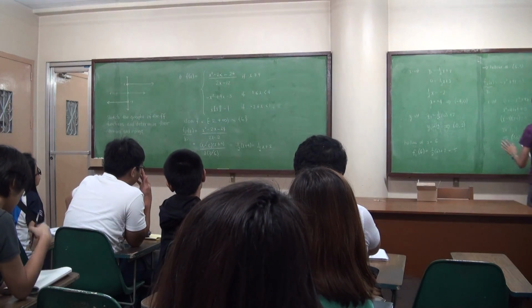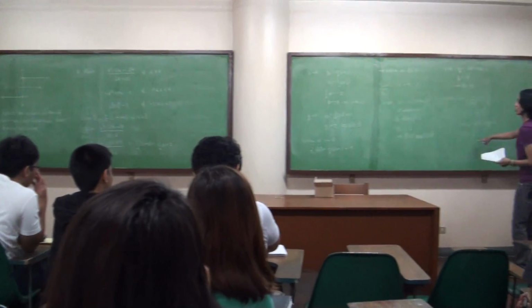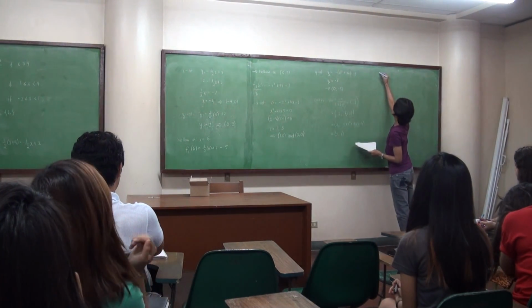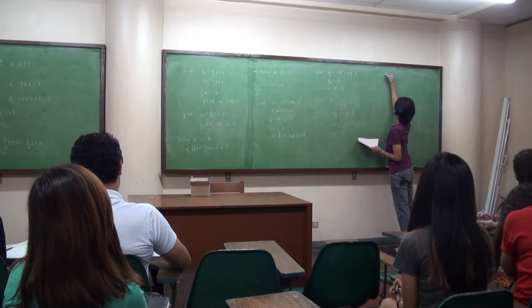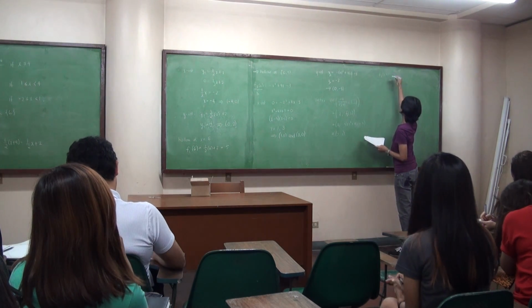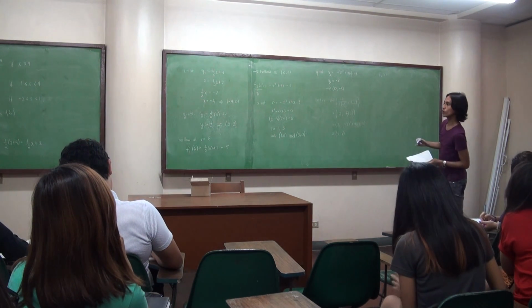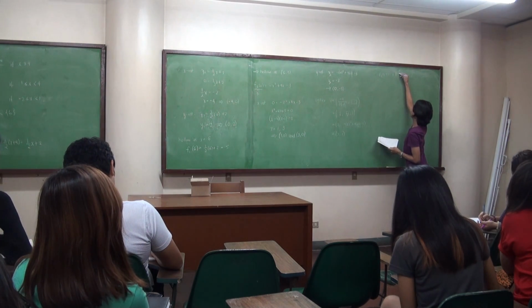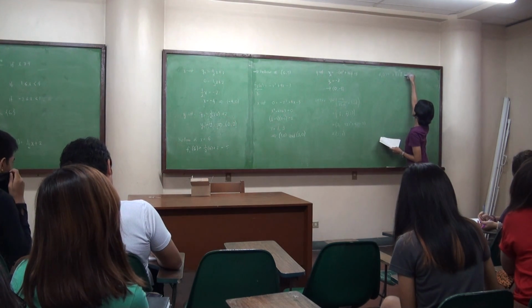Sige sabihin yung mga endpoints mamaya. Ito muna, yung mga functions, f of 2, f of 3. f of 3 of x is equal to yung huli-huli ito. X times the greatest integer of x minus 1.